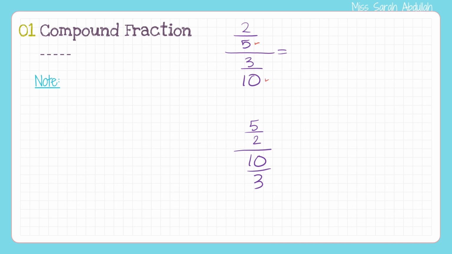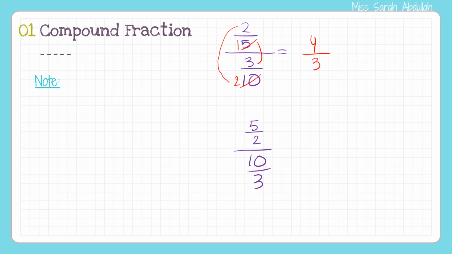Yes, I can divide both by 5. So if I simplify this one, it becomes 1. If I divide it by 5, this one becomes 2. Now I can continue the calculation of the compound fraction. So 2 times 2, it's 4, over 3 times 1, it's 3. There you go. The answer is already simplified.